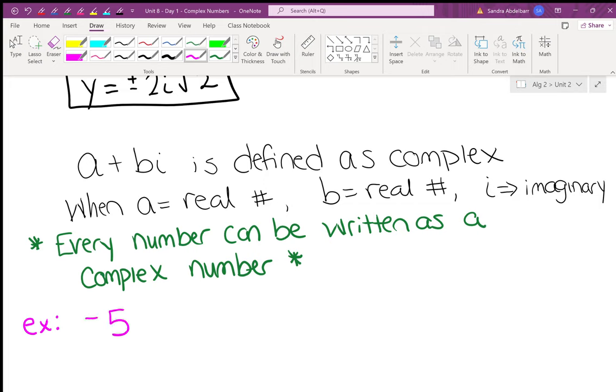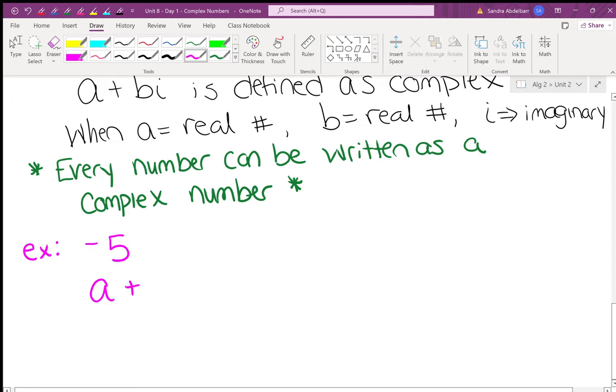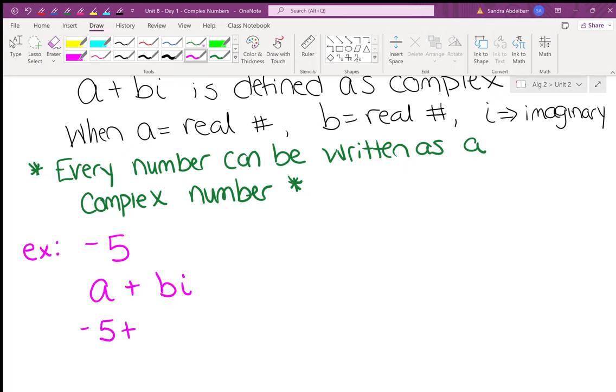If I wanted to write -5 as a complex number, I need to fit the format of a plus bi, where a is a real number, b is a real number, i is imaginary. So my a will be -5, and then I can't change the value. I still need it to be -5. So b and i need to be multiplied together.